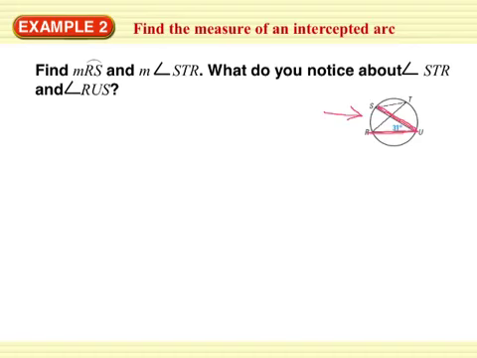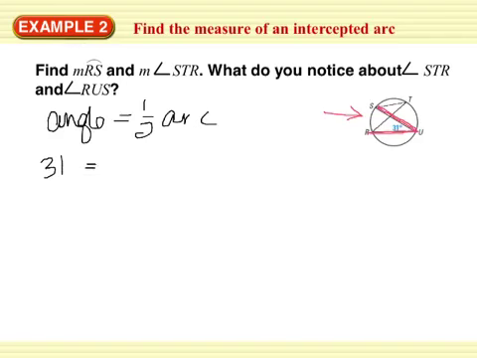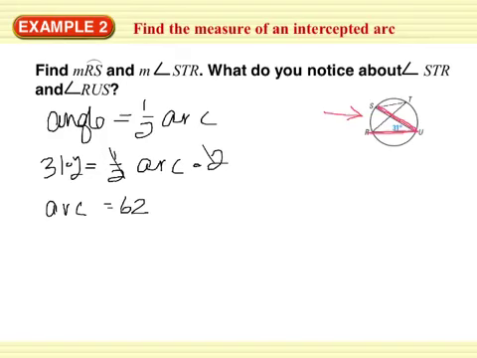So we just said that angle is 1/2 the arc. We know the angle is 31. 1/2. We don't know what the arc is. Times 2, times 2. The arc is 62. That is the measure of arc RS, which is right there.